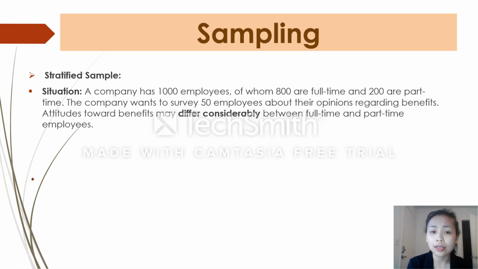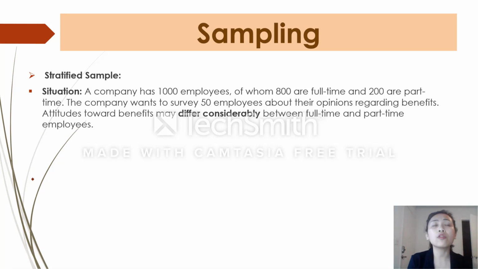there might be a case that you collect more people who work part-time than people who work full-time. So your sample cannot be the best representation to answer the question, what is the attitude towards the benefits? Because part-time employees' opinion might be different from the full-time employees.